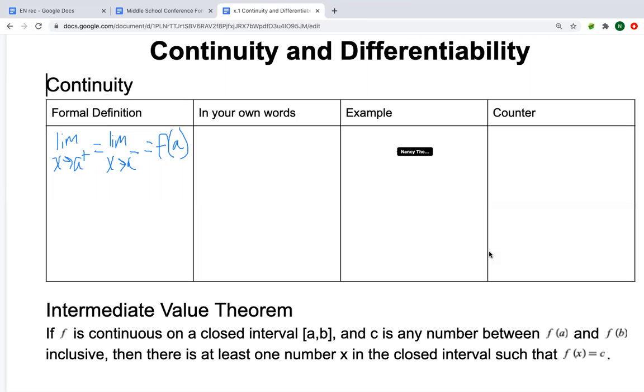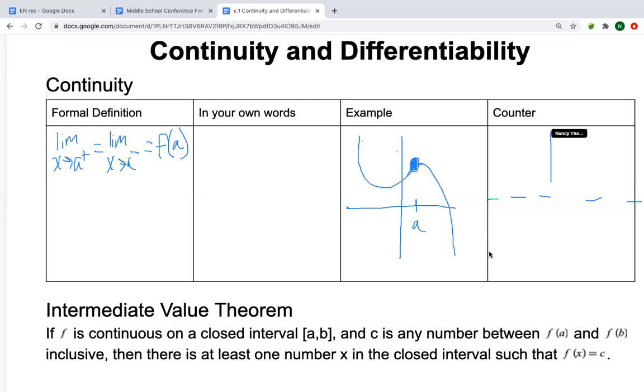So when I'm talking about an example, maybe I have a graph that looks like this. Maybe I'm approaching my value of a here. What I need to happen is that the limit from the left and the limit from the right approach this same value, and then it has to be filled in, or continuous. It has to be a straight line. There can't be an open circle there in order for it to be continuous. So for a counterexample, I can draw a couple different ones, but I'll do two.